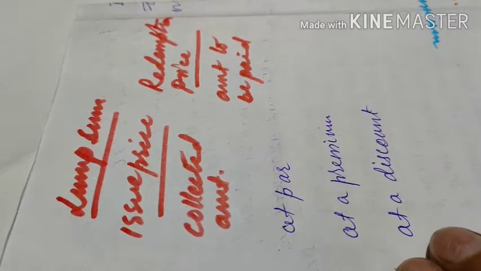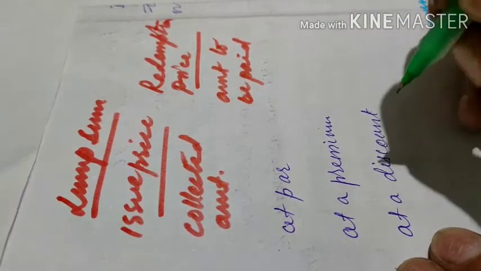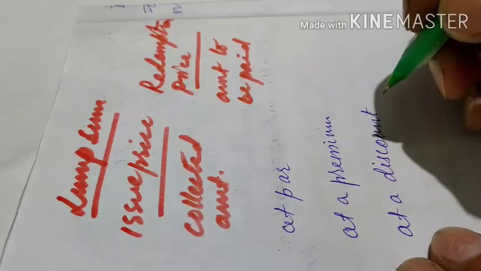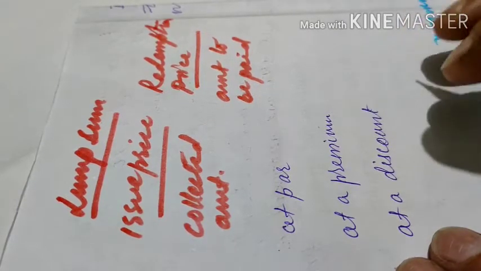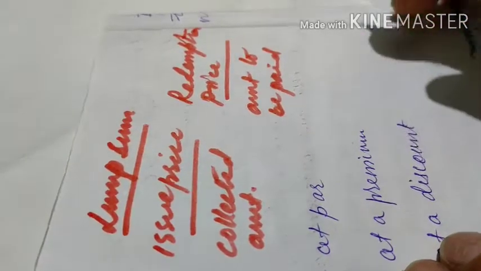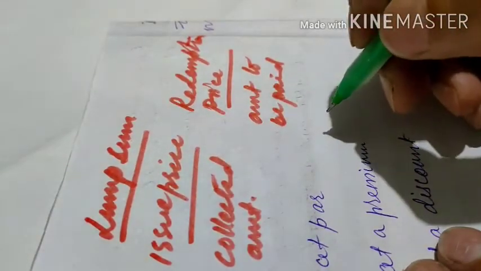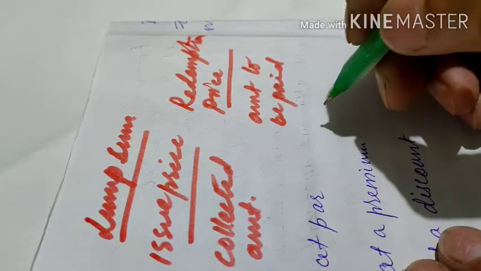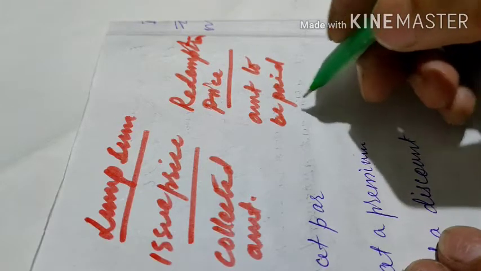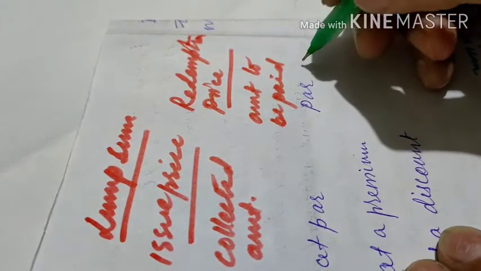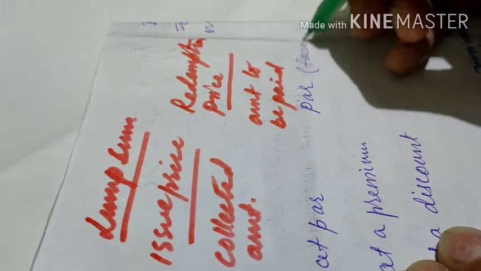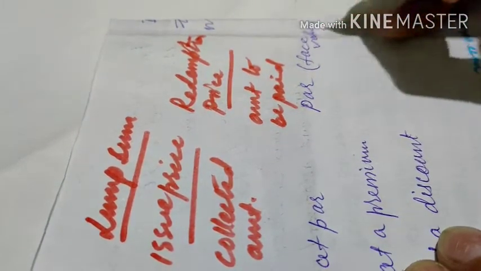But do you know, when the company is required to pay that money back to the investor, what is the amount that the company will pay? Yes, the company may pay the same amount as it had collected before. That is the par value. Par value means equal to the face value of the debenture.